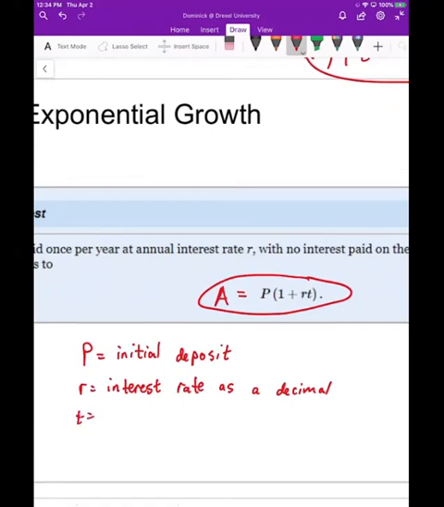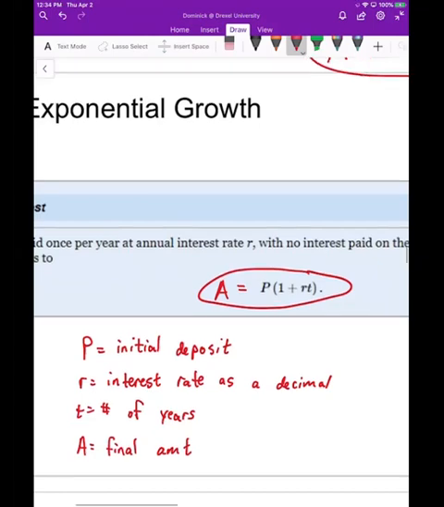T is the number of years that go by. And most of the time, but not all the time, A is what you want to solve for. A is the final amount, or the amount at the end of the T years. All right, so that's the formula that we can use for simple interest.